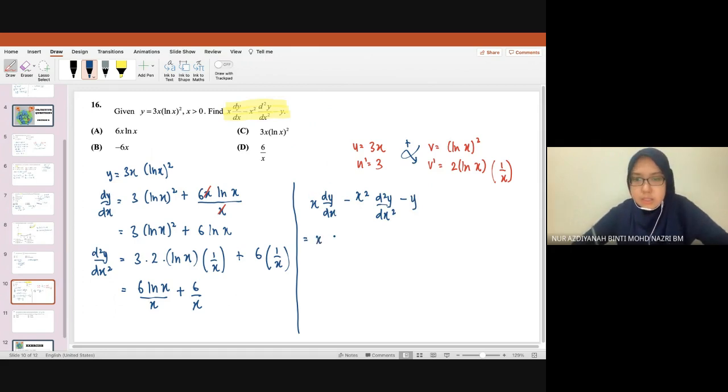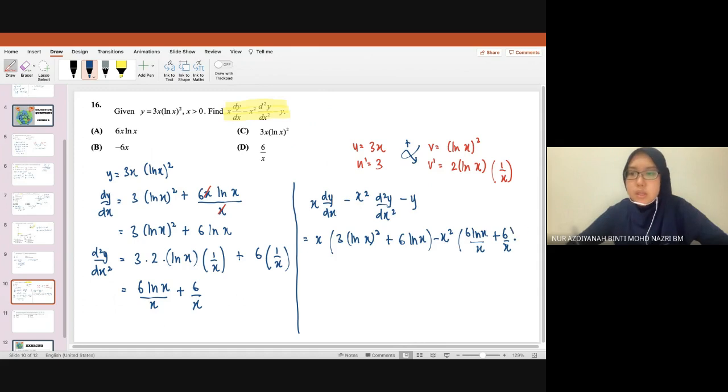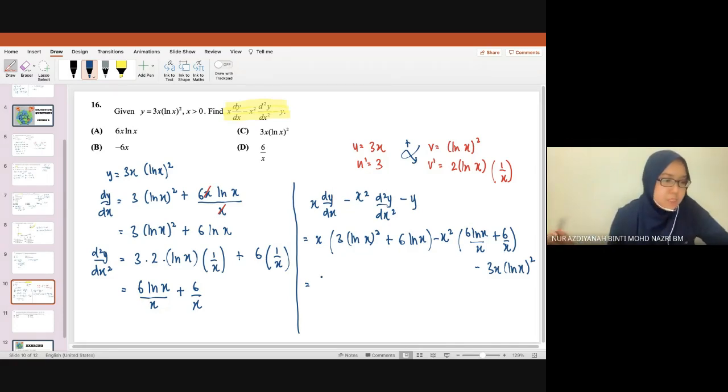So x darab dengan everything here, 3 ln x all square, okay, plus 6 ln x, and then minus with x square, 6 ln x over x plus 6 over x, and then minus with y. Okay, sorry, may ada sambung sikit bawah ni. Y kita adalah 3x ln x all square. Okay, so we try to see how do we simplify this.